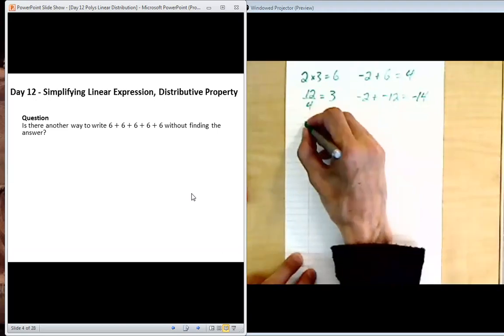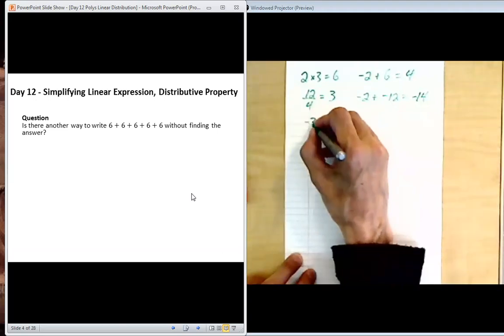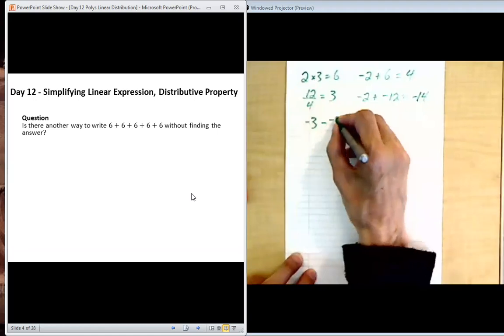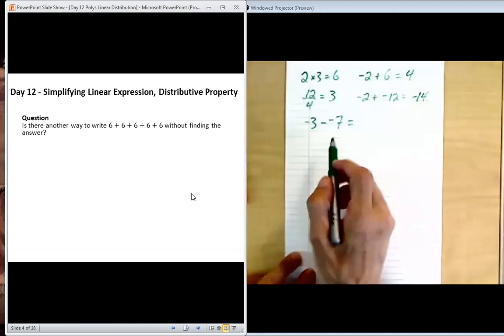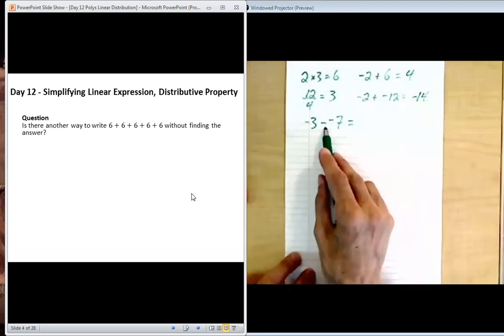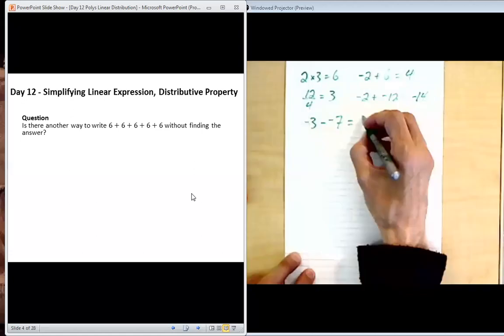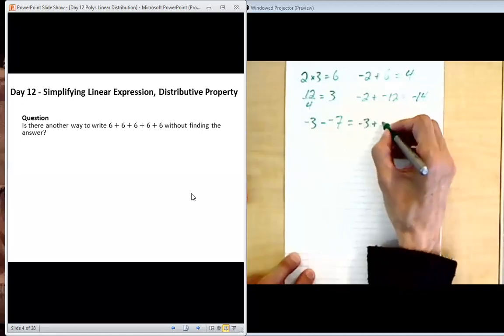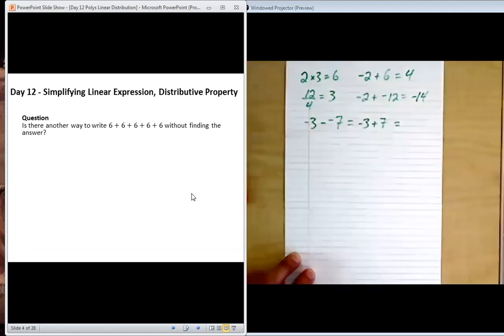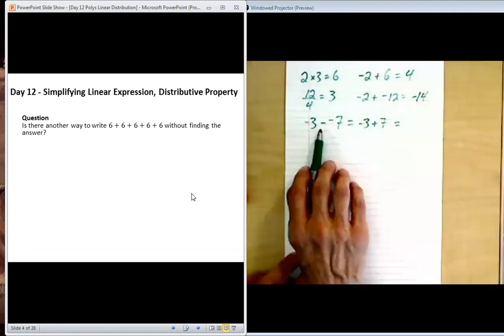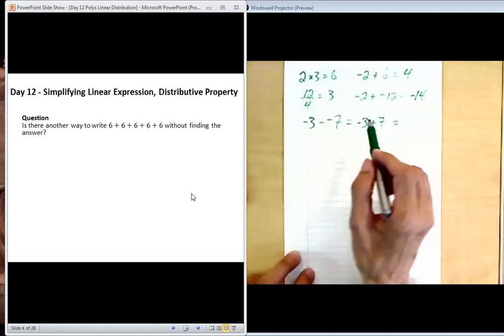Okay, this one will be a workout for you. Minus 3 minus minus 7. Don't hurt yourselves. What happens with these first? Plus. And minus 10. No, it's not minus 10. Do a little conversion first, okay? These two switch to a plus.